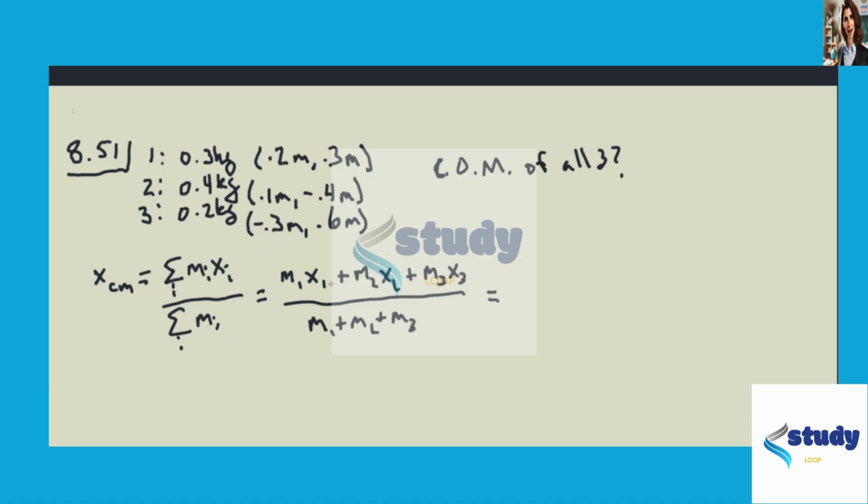And if you do this arithmetic here, you get that the x-coordinate of the center of mass is 0.0444 meters.